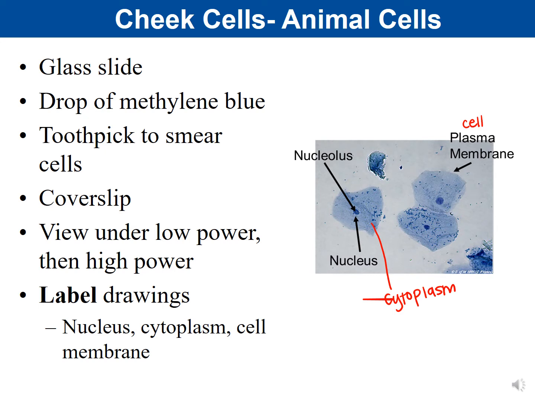So you need to draw one animal cheek cell, label nucleus, label the cytoplasm, and label the cell membrane. And so your total magnification for this would again be 400x. And so those would be the slides that you would have prepared in lab and viewed under the microscope. And for the purpose of this, since obviously you're not in class, you can just draw from the images that are provided.